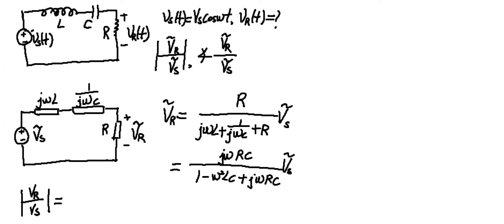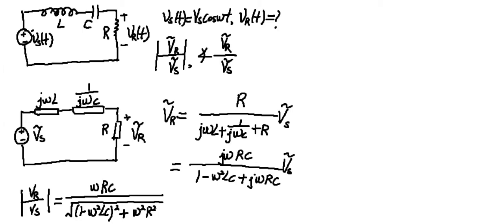The magnitude of the numerator is simply omega RC, and the magnitude of the denominator is the square root of (1 minus omega squared LC) squared plus omega squared R squared C squared. So this is the analytical expression of the output voltage magnitude.